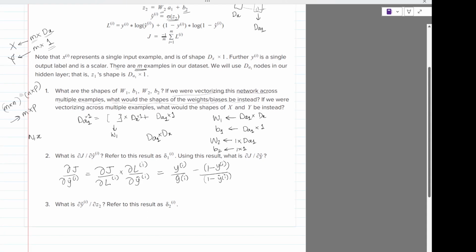Okay. Now what is del j by del y hat? So what did I compute here? Del j by del li into del. So this del j by del li will be 1 minus 1 by m, right?